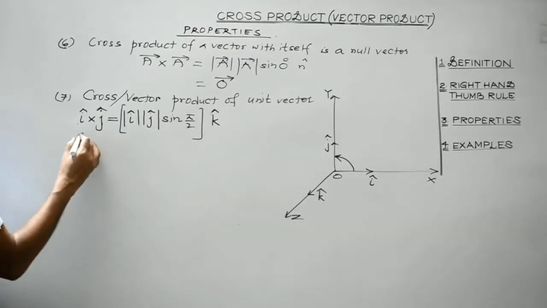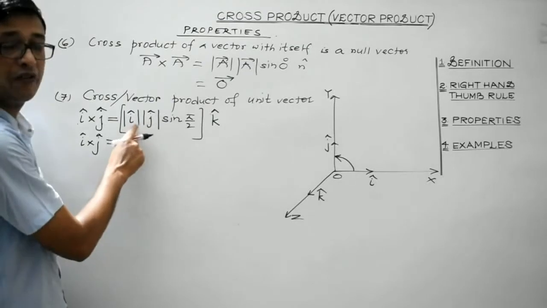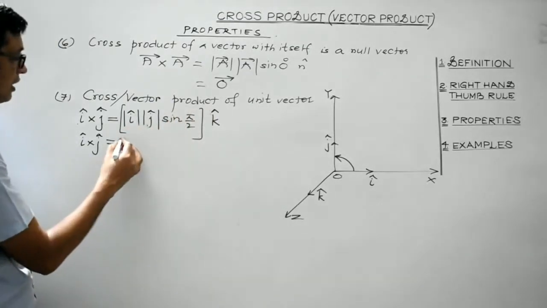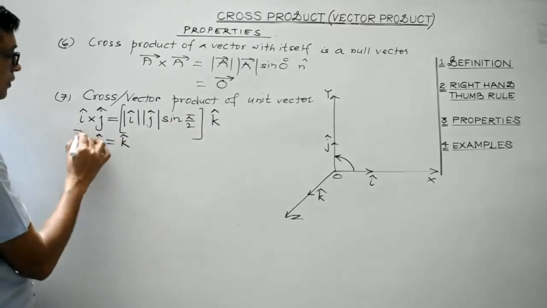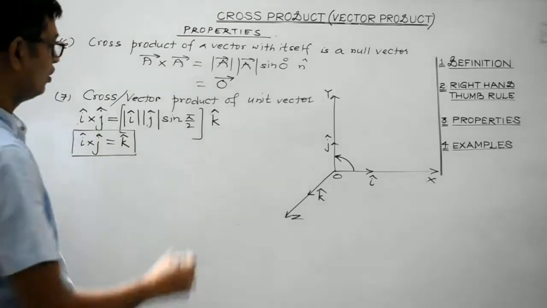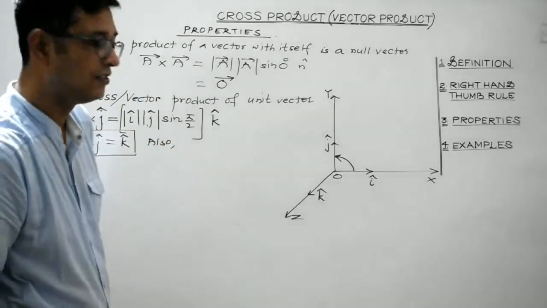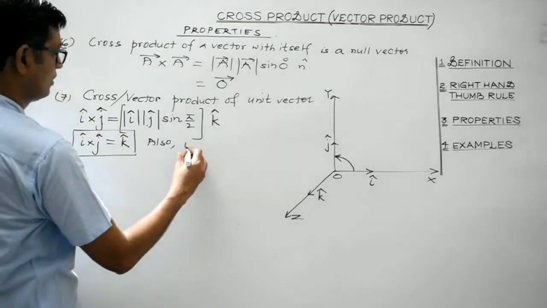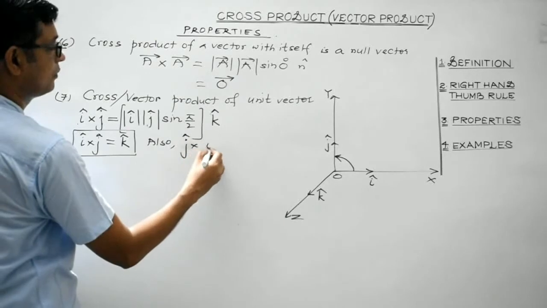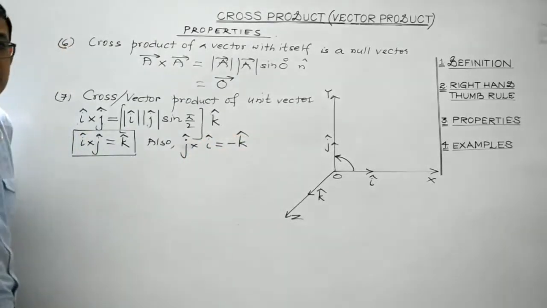Now look, i cap cross j cap will be equal to the magnitude of unit vectors, the 1. Sine 90 is 1, so we will be left with k cap. So this is a very, very important result. Also, students, we have discussed that it is anti-commutative, therefore j cap cross i cap should be equal to minus k cap.